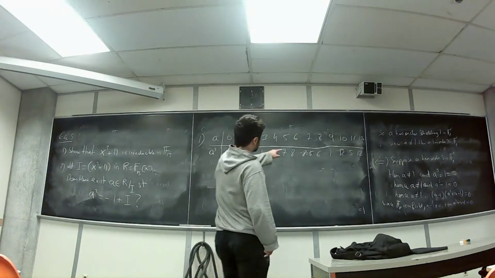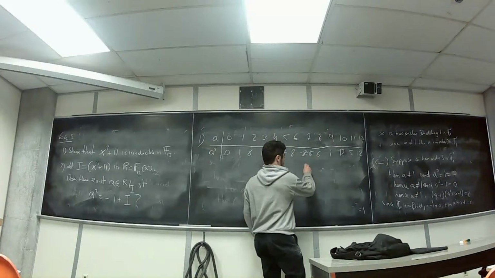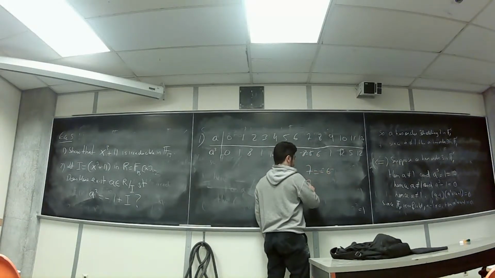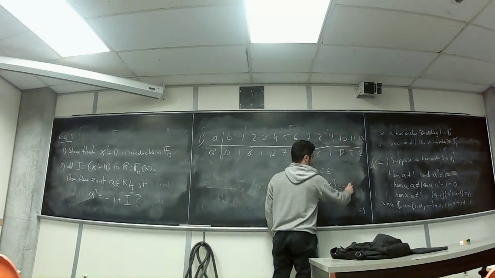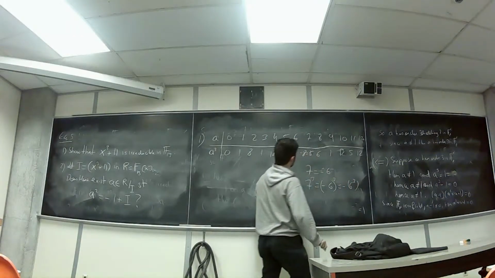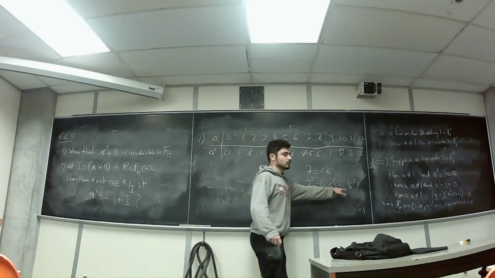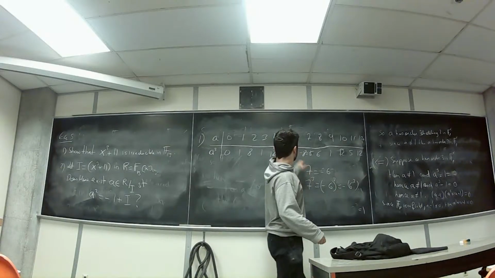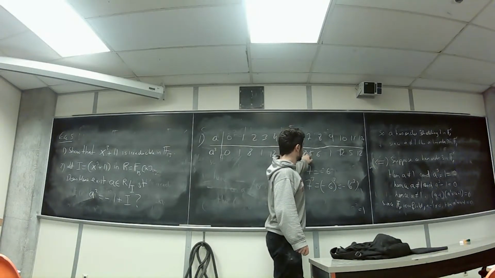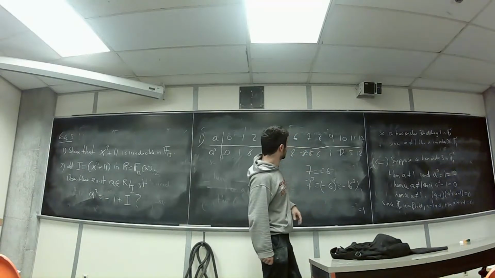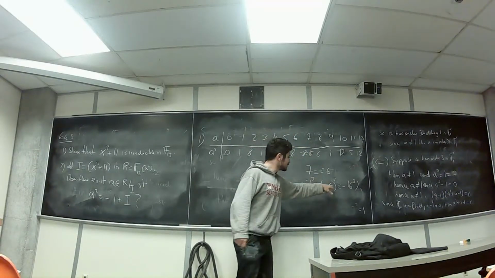So 7 is minus 6, right? Yeah. 7 cubed is minus 6 cubed. You look at 6 cubed and you put minus. So 6 cubed is 8, so 7 cubed is minus 8, which is 5.